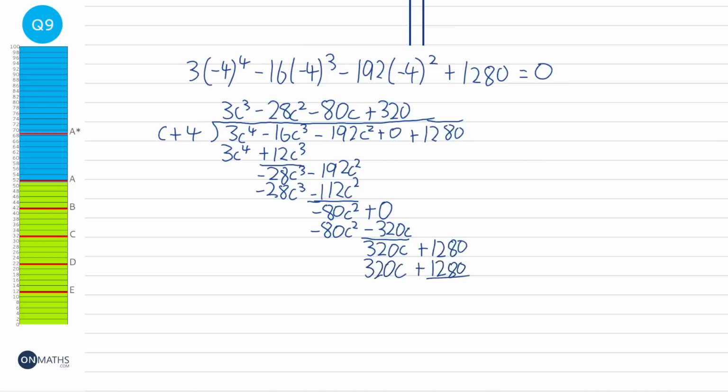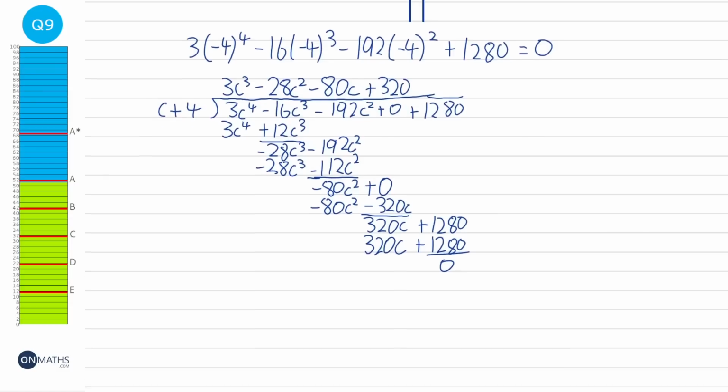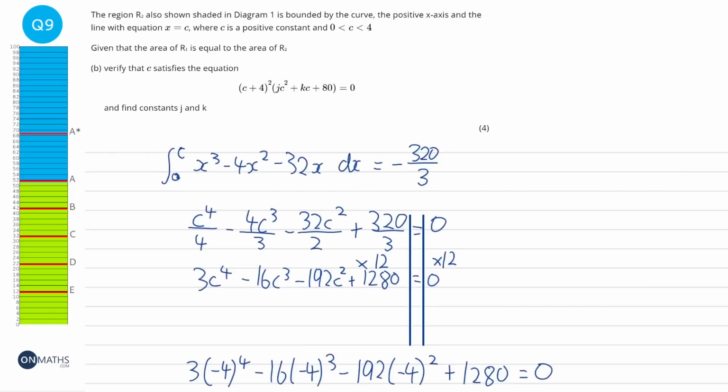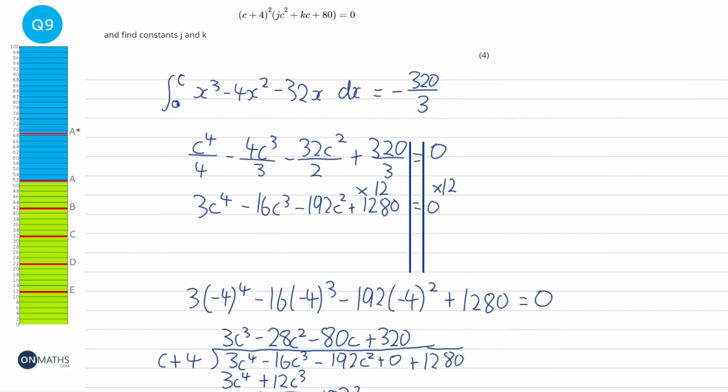320c plus 1280. Now that's always a good sign when you're left with 0, because it means that c plus 4 is a factor. And this is evidence in itself that c plus 4 would be a factor. Now, looking at the question again, it's c plus 4 squared, so there's another c plus 4 there.